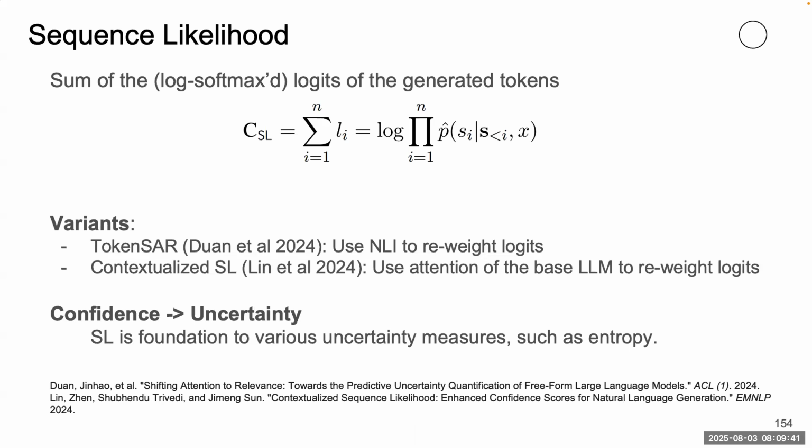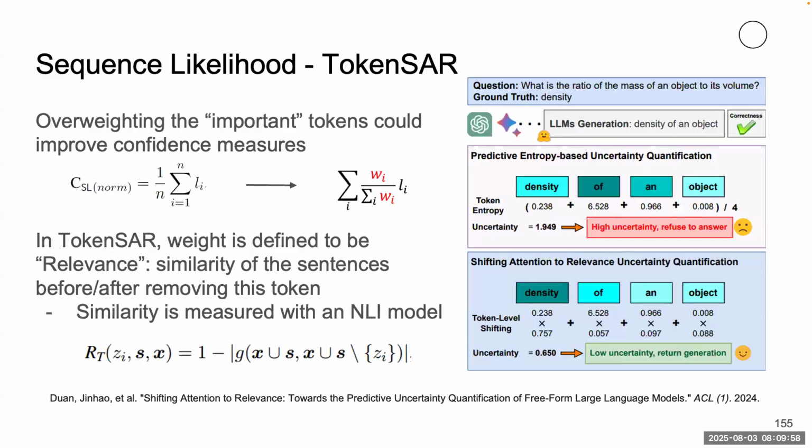And from this one, sequence likelihood is just the foundation. With the confidence of each generated sequence, you can then compute uncertainties such as entropy. Like I said, the representative confidence estimation method here is token SAR.